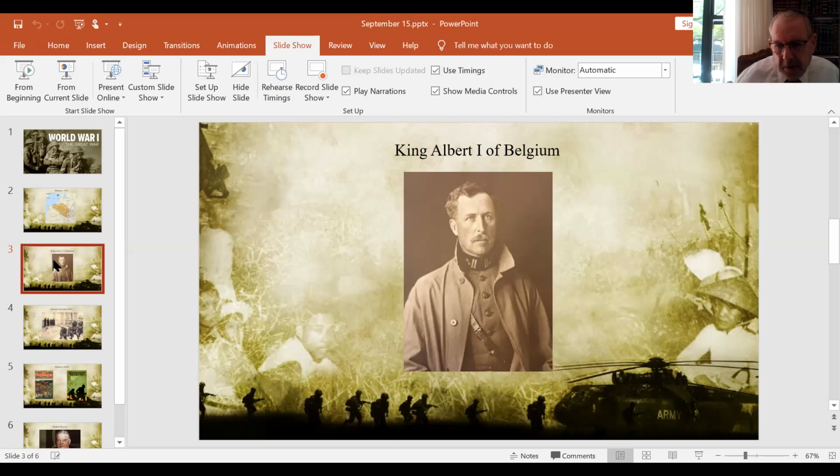Because even though it was a little country, it was highly industrialized, and Belgium had overseas territory, including one very controversial and quite immoral holding in Africa, the Belgian Congo.